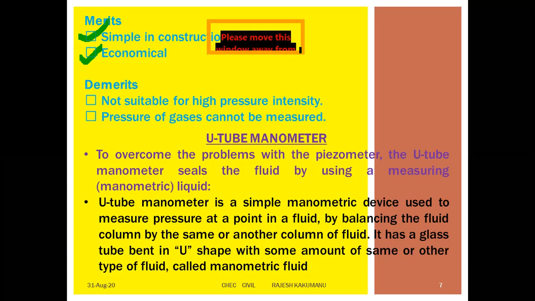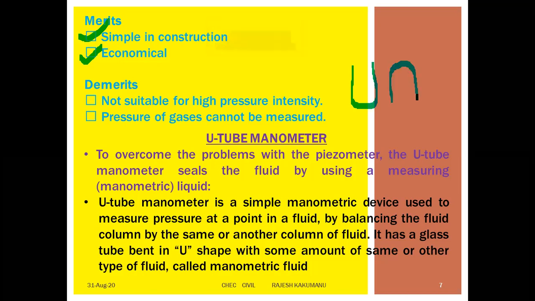Understood? Okay, we are going to the next type, the inverted U, that is, the shape is U. ఇదొక టైప్ ఆఫ్ మానోమీటర్, ఇన్వర్టెడ్ టైప్ ఆఫ్ మానోమీటర్ రెండు ఉన్నాయి అన్నమాట. బట్ మనము ఈ టైప్ ఆఫ్ మానోమీటర్ గురించి డిస్కస్ చేసుకుందాం.